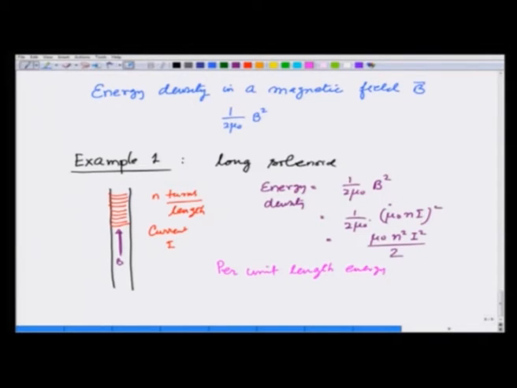energy stored, therefore, is going to be the area of cross section, let us call it A, times the unit length. So, that is going to be the volume. So, energy stored per unit length is going to be area of cross section A mu 0 n square I square divided by 2.